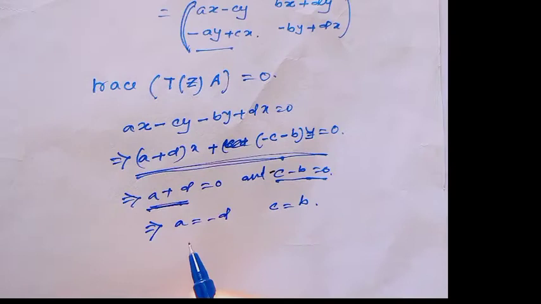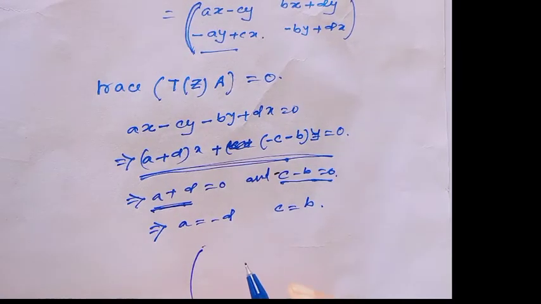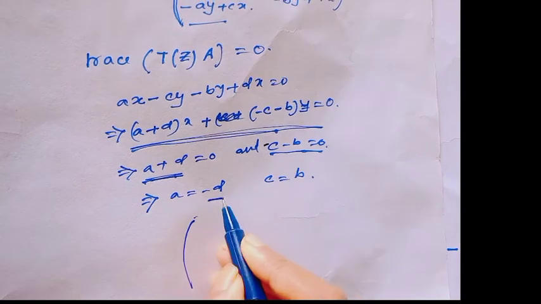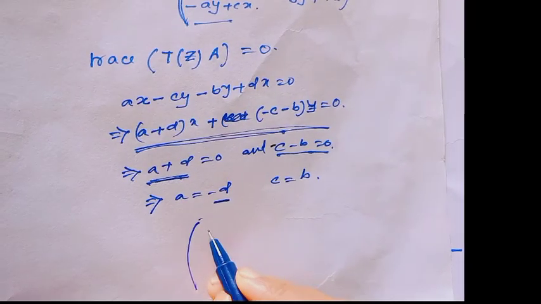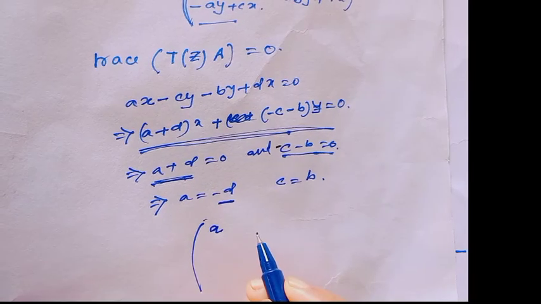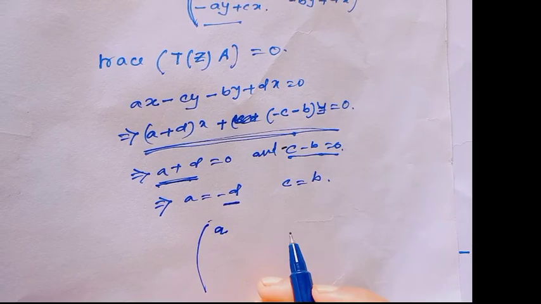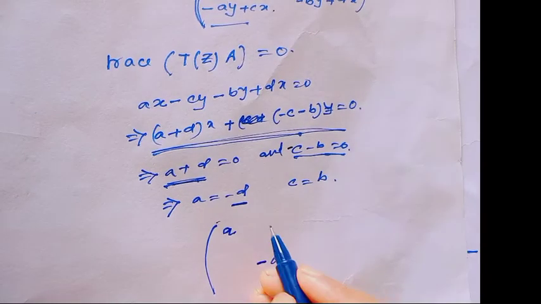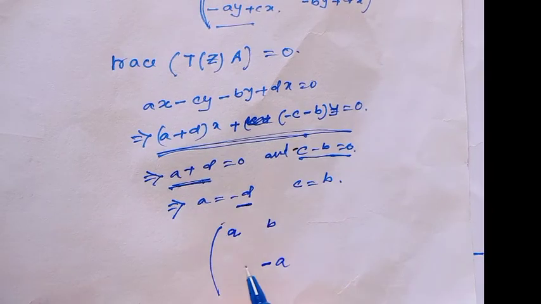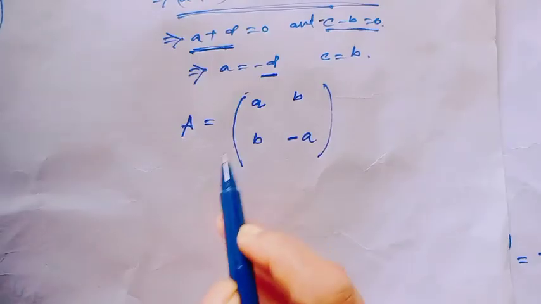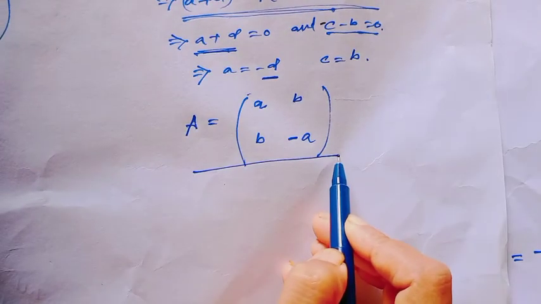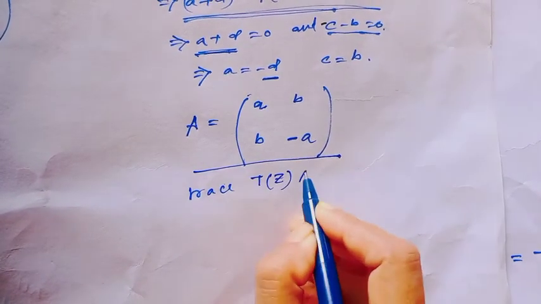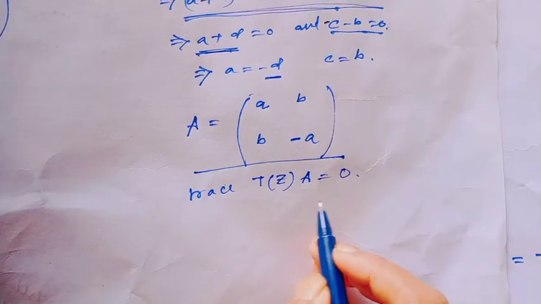Therefore, since I have chosen the matrix [a, b; c, d], here a equals minus d and c equals b, that means this would be minus a, and this is b and this is also b. For this matrix, trace of TzA obviously would be 0. Just check it yourself.